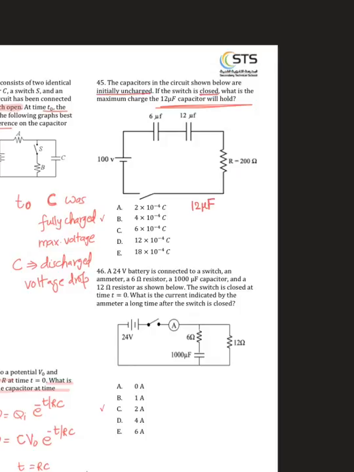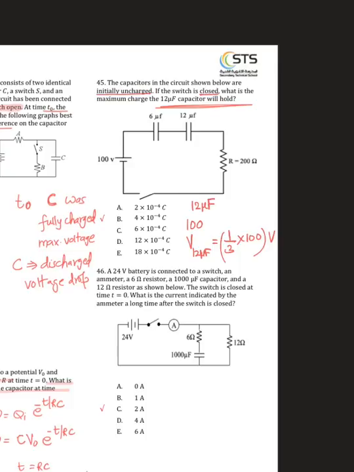The total battery voltage is 100, and the ratio between the capacitances is 1:2. So the voltage for the 12 microfarad capacitance would take 1 part out of 3 into 100. Do you understand how I got it?